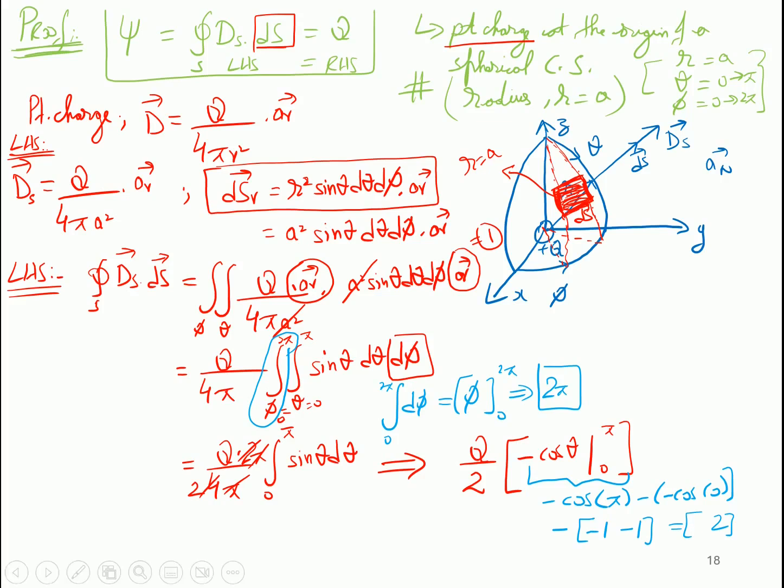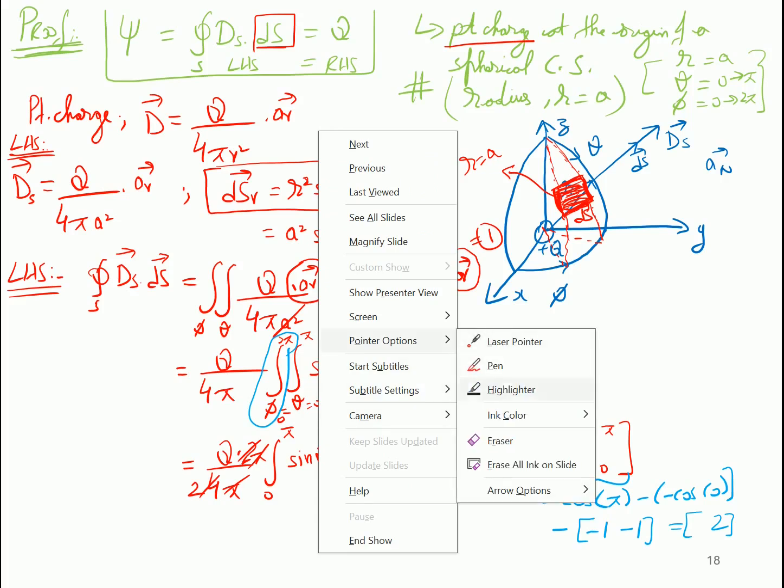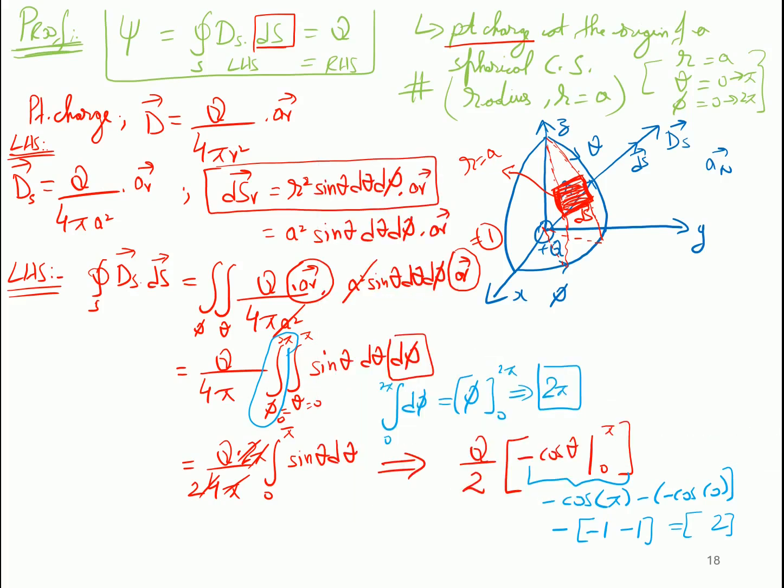So this means my final answer comes out to be, when you cancel this 2 with this 2, just q coulombs. So I can say that the closed surface integral of D dot dS is equal to q, and the unit is coulombs, and this side is proved.